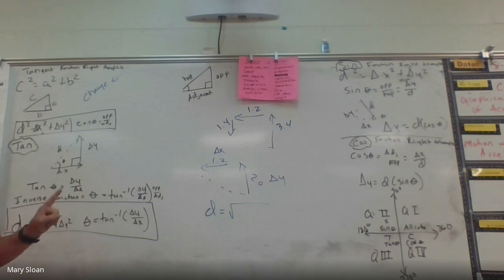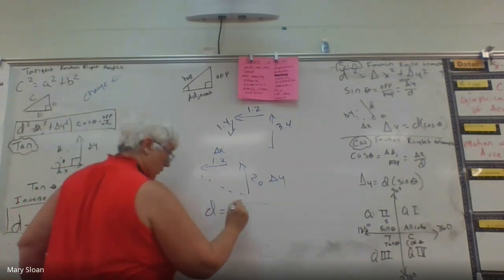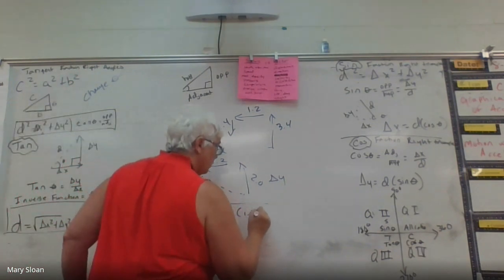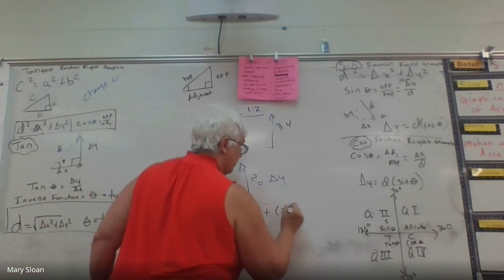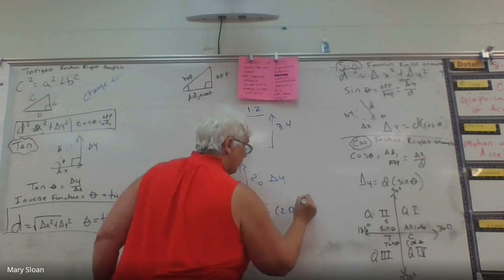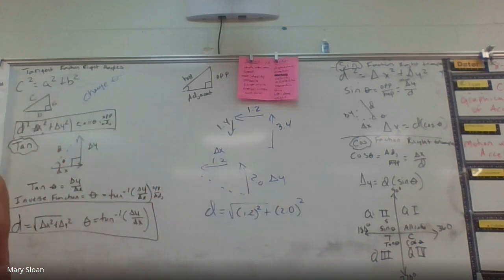So what am I going to multiply first? 1.2 squared plus 2.0 squared. The only thing we're doing is trying to find the displacement, but we could also find the angle too if we wanted to, which we are going to try to do just to make sure we understand.